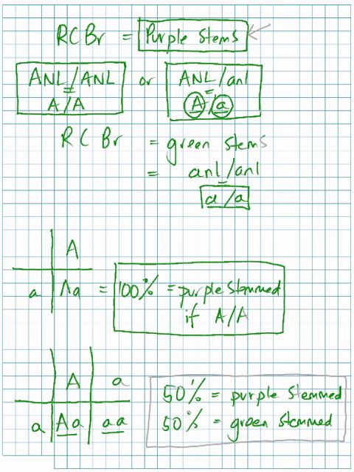On the other hand, if this purple stemmed parent up here is big A little a, or big A slash little a, then we would expect to see 50% of the offspring being purple stemmed and 50% of the offspring being green stemmed. And based on those results, we could make a conclusion about the genotype of the purple stemmed rapid cycling brassica wrapper.